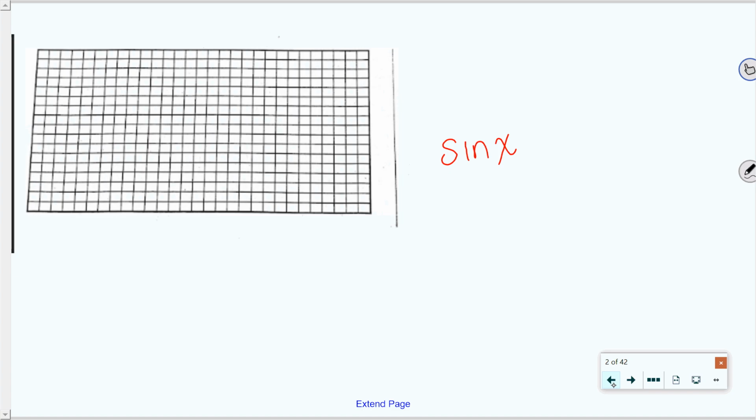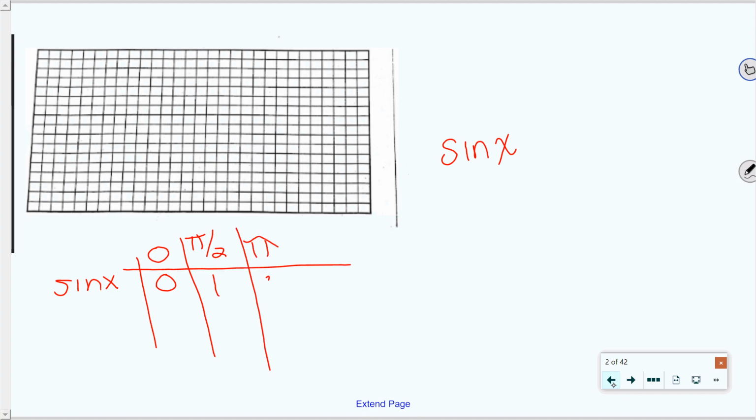I wrote this on the board because in the other class my little chart wasn't working. But if we think of one trip around the unit circle, if I start in standard position at 0 radians or degrees, the sine of that is 0. At pi over 2, it's 1.